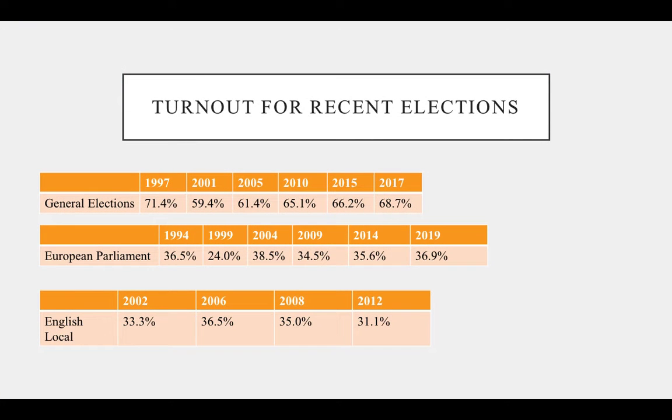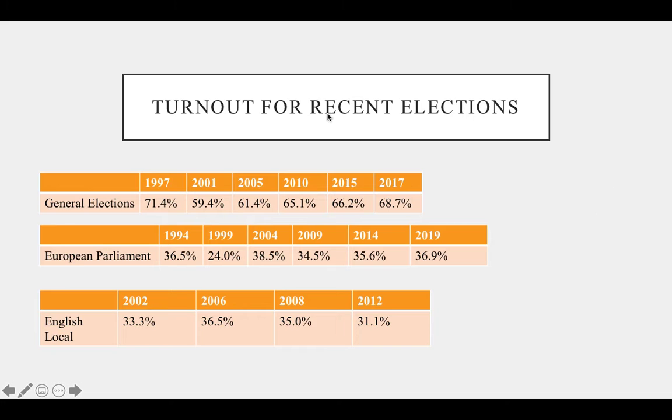So it has a large influence on political participation and has some interesting statistics. If we look at three elections here, general elections, European Parliament elections and local elections, you can see that the turnout is very different for each one. At general elections, we seem to have a turnout of between 60 and 70%.